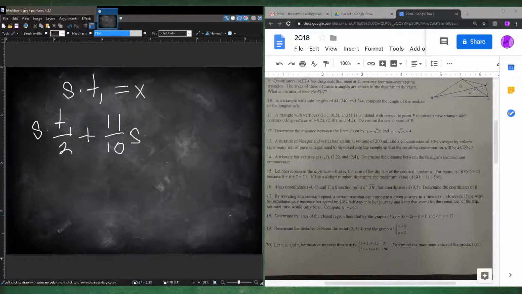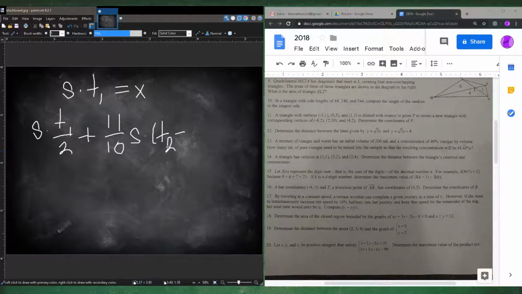Her total time would be the time it takes for the increased 10% speed, and the original speed. So if you take out the time for the original speed, that means all the time you have left is basically that 10% speed. So basically, it's just t2, which is your total time, minus t1 divided by 2. Let's make this a little smaller.